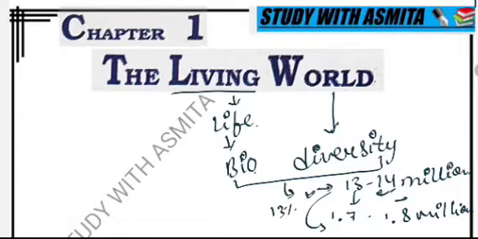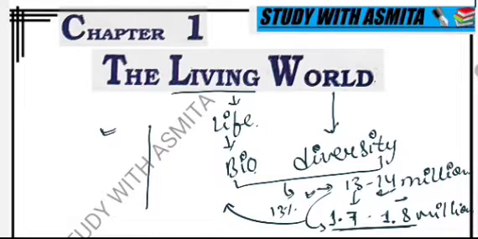It is such a big number that it is impossible to study each and every organism individually. So we just need to classify them on the basis of their similarities and dissimilarities with one another.